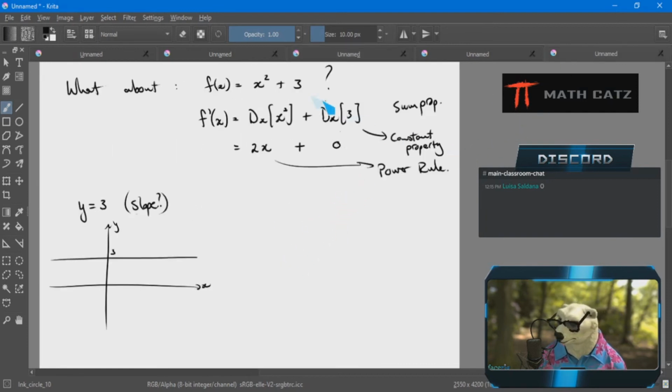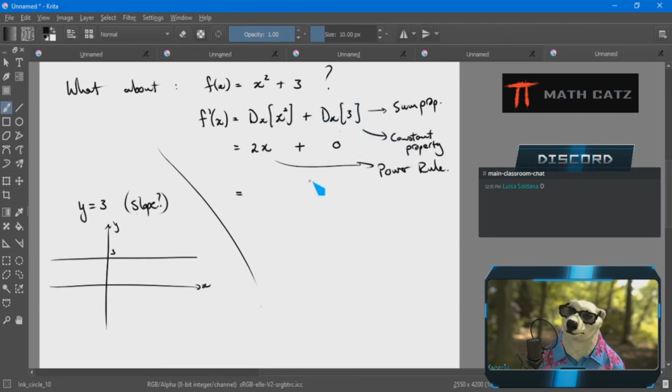All right. So a lot of things happen here, though. All the properties come together to give me the answer. First, I had multiple terms. The sum property was first. Then I could look at them in isolation. Well, the first term was just the power of x. Power rule handles that. The next term was a constant.